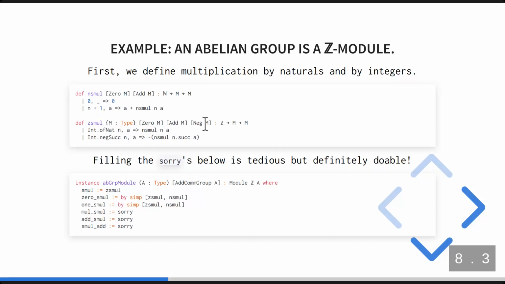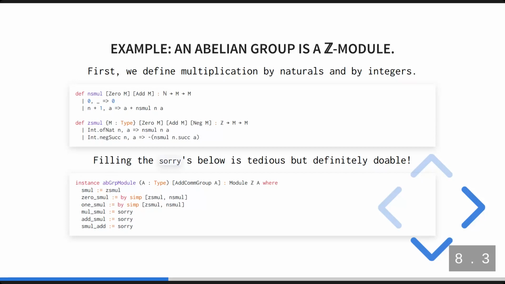Now you need, in addition, that M has a negative, and the integers are defined as either natural numbers or the negative of the successor of something that's not 0, and in the 2 cases you define what the multiplication would be. Once you have these, you could put this inside the instance below, but then it could take longer.